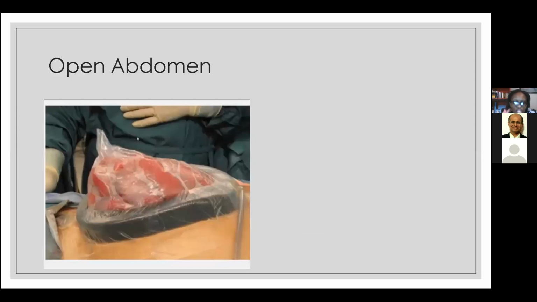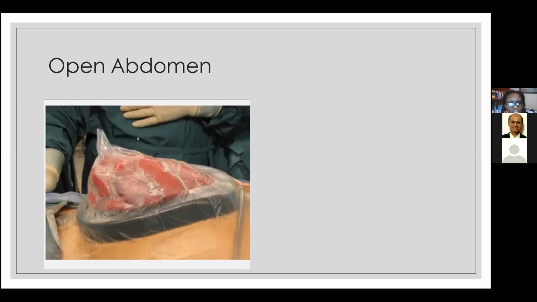This is just an image showing an open abdomen, what I mean by an open abdomen, and this is an example of the vacuum assisted closure. This one is also quite good because you'll be able to see the bowel, and if there's any damage or any change in the bowel, you'll be able to see.